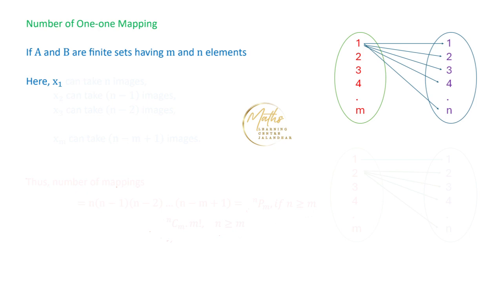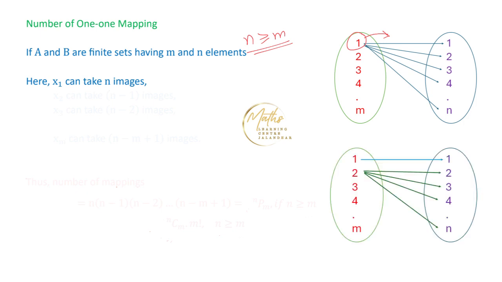So in this particular case, we are considering that n is greater than or equal to m. So this first element 1 can be mapped to any one of these n elements. So x1 can take n images. Now suppose x1 is mapped to one of the elements.